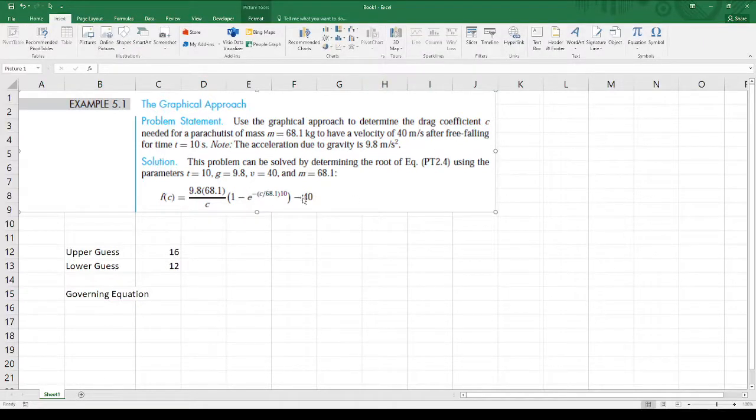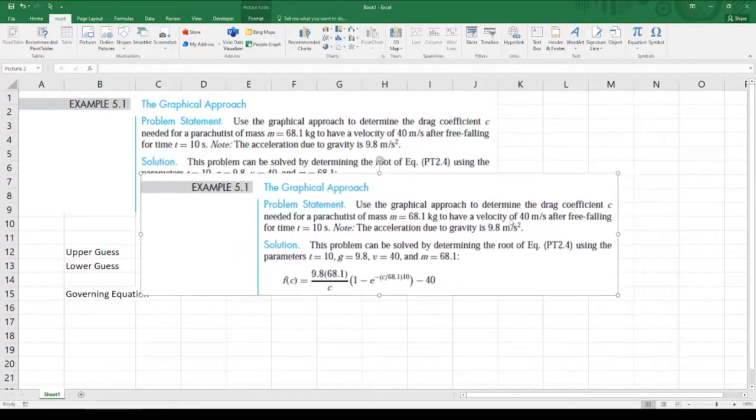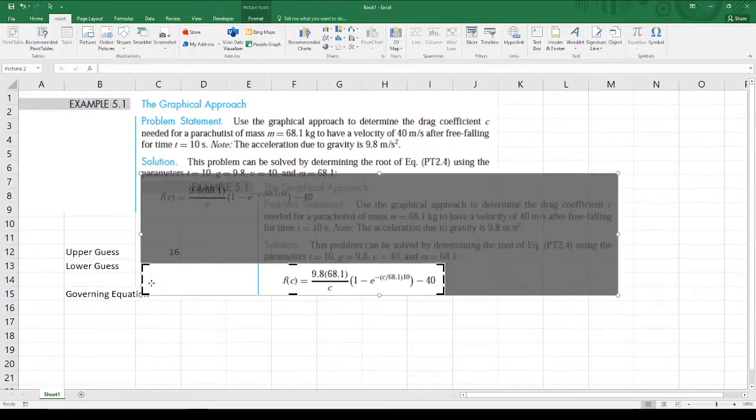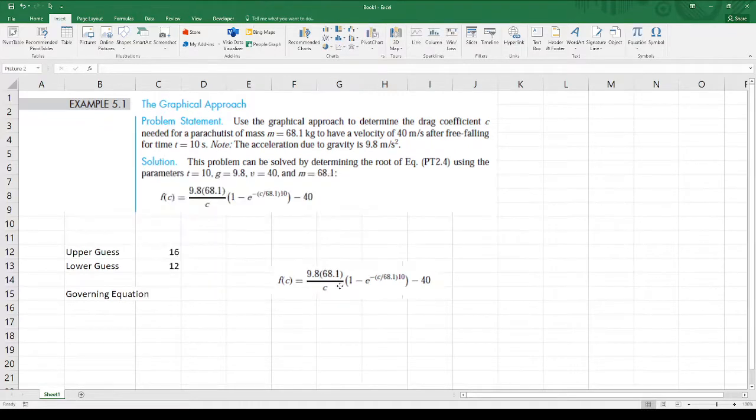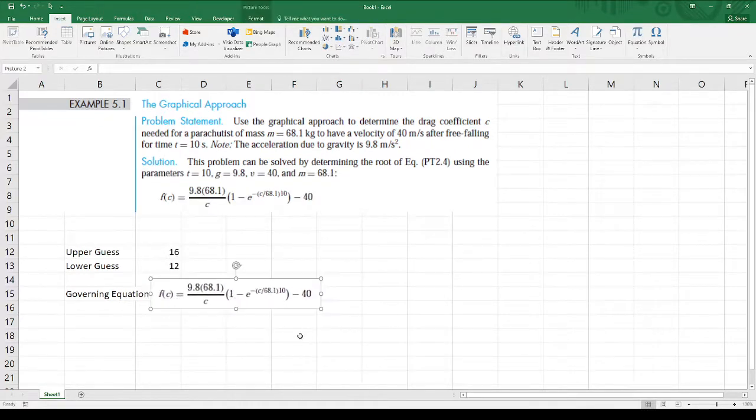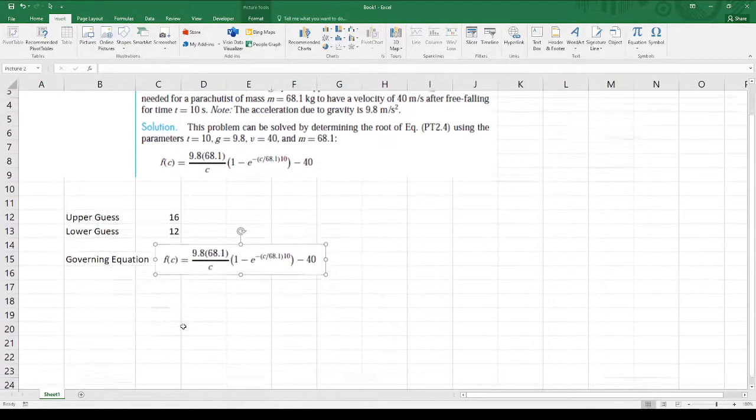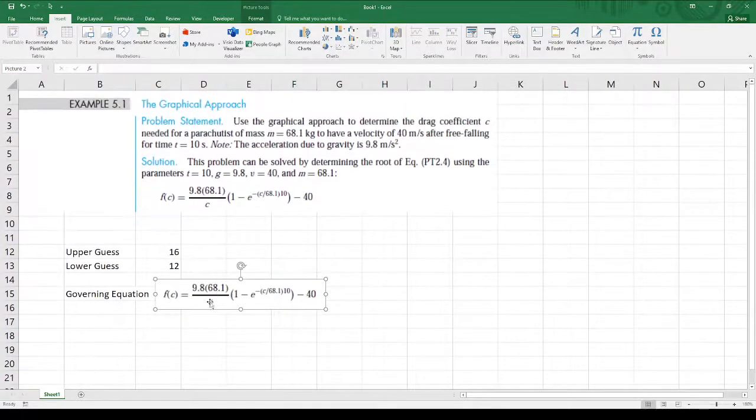Let me put that in and crop it. To be fair, you should present proper solutions, because I presented and explained how we should do the solution. So this is your governing equation, which is already given. Then you equate this to 0 so that you can get C, but that is the analytical method.